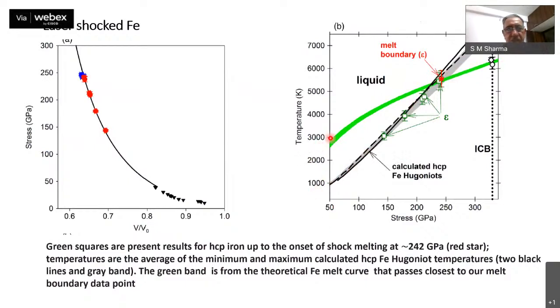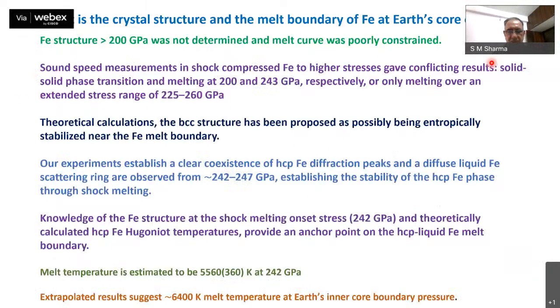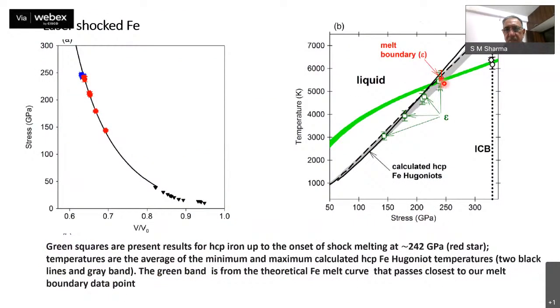So amongst the large body of theoretical curves which have been calculated for the melting curve as a function of stress, only one matches, and when this is extrapolated, it indicates a temperature at the inner core boundary close to, I think, 6400 K, and this temperature here at close to 5400 K. The observed results pretty much match the laser shock with the continuum curve.